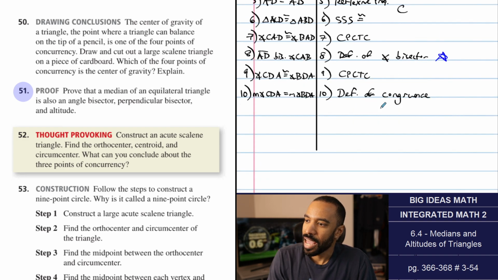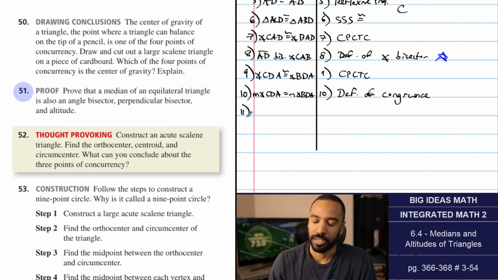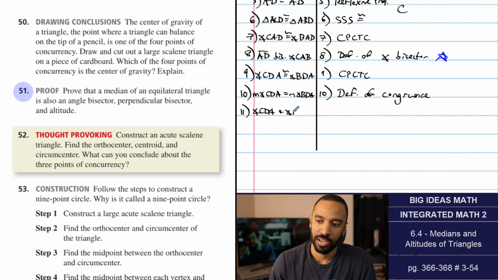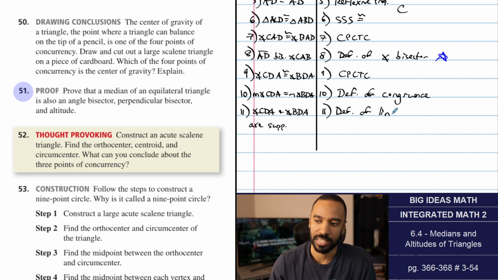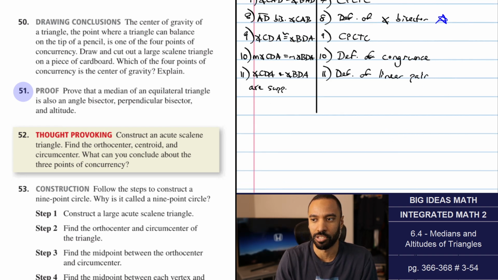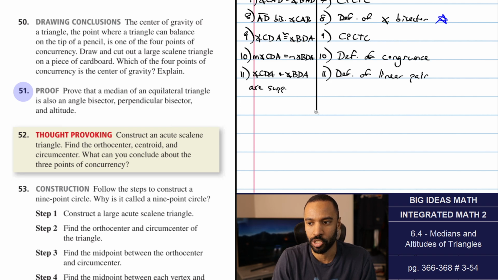Angle CDA and angle BDA are supplementary. They're a linear pair. That's the definition of linear pair. I don't think I need to identify that they are a linear pair because that's just their construction. That's just how it's drawn.